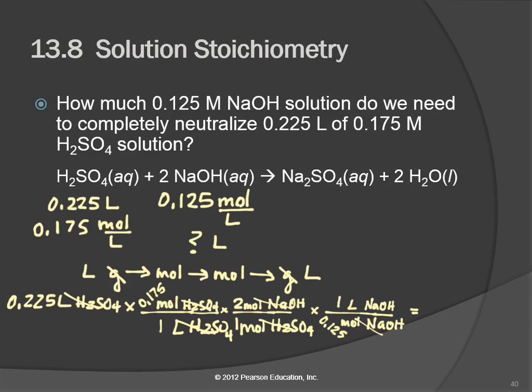And my calculator is showing me 0.63. But how many significant figures should I have? 3. My calculator is only showing me 2. What do? Add a 0. So this is a significant 0. My calculator does not understand significant figures. So that would be liters of sodium hydroxide.